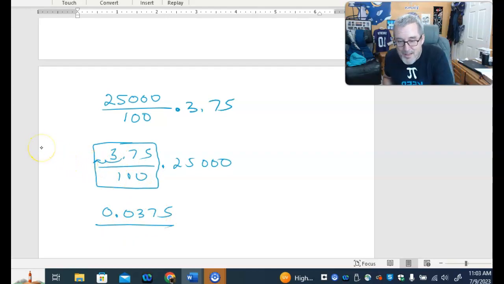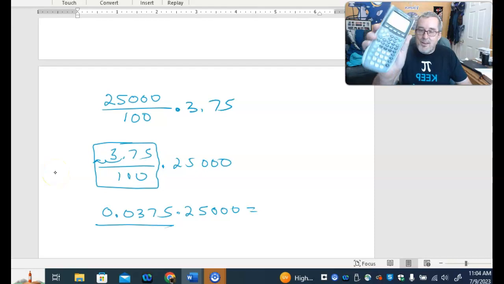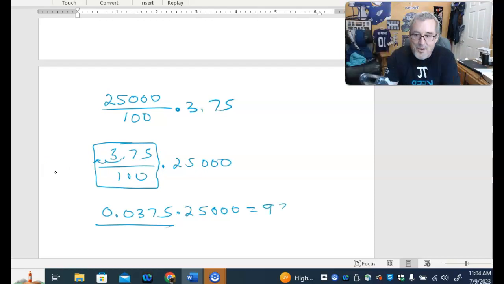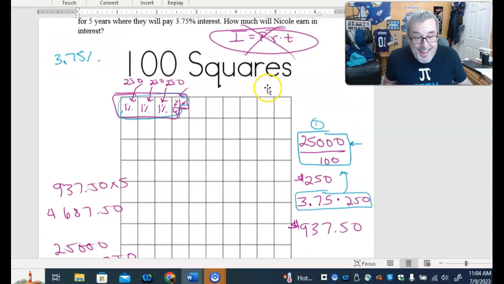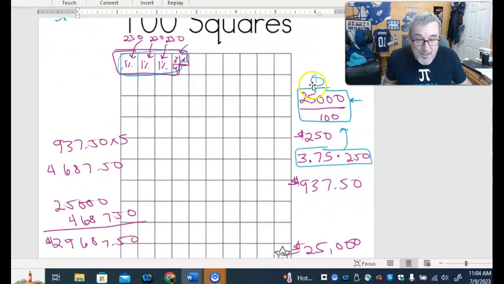And then we multiply that by $25,000. Since the interest is 3.75%, 0.0375, when you multiply those together, you get the same thing we had before: $937.50.